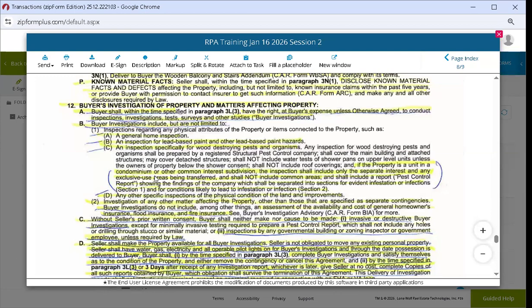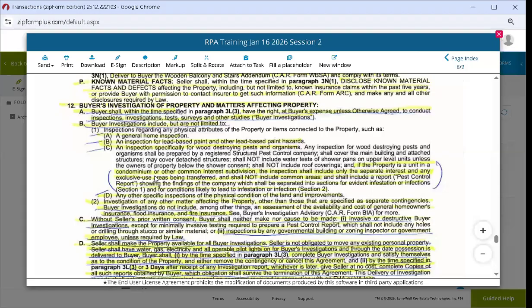Because you don't want to get into a tussle back and forth, like, hey, you didn't do this or that. So you need to make sure that you stipulate if it's a condo or townhome that the HOA is taking care of the outside, that the inspection shall only uncover the interior, which is very common. Everybody that sells a lot knows that.